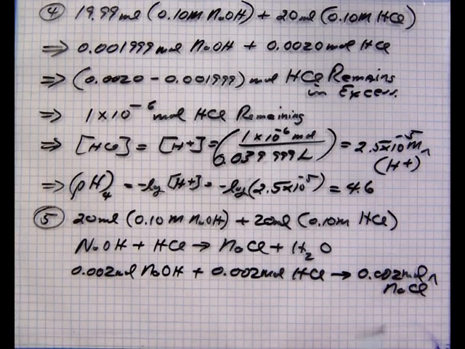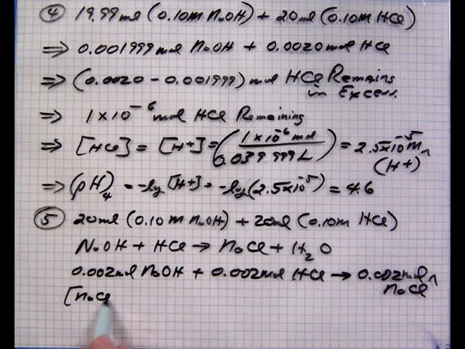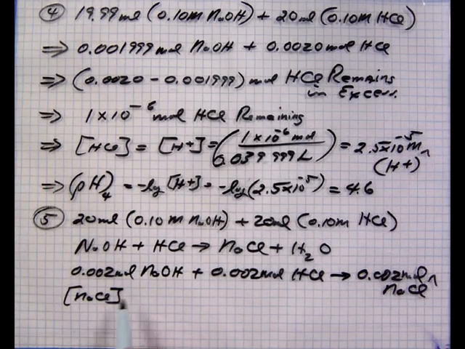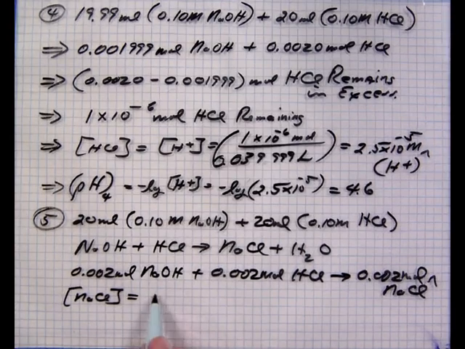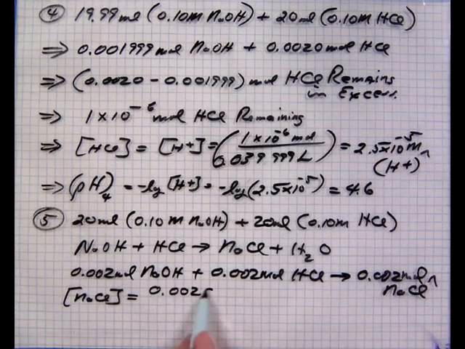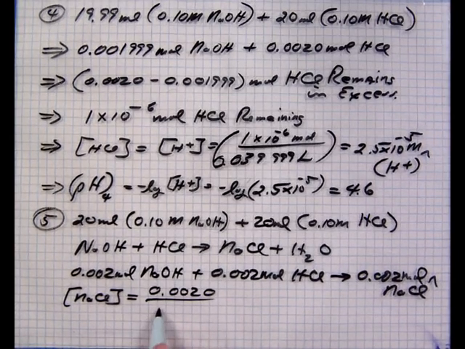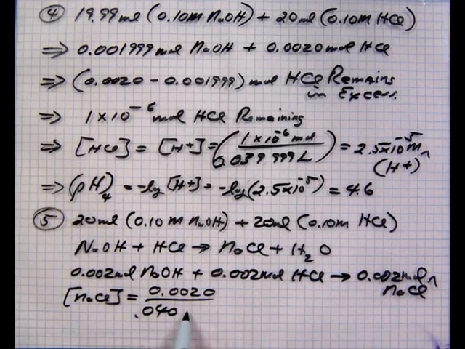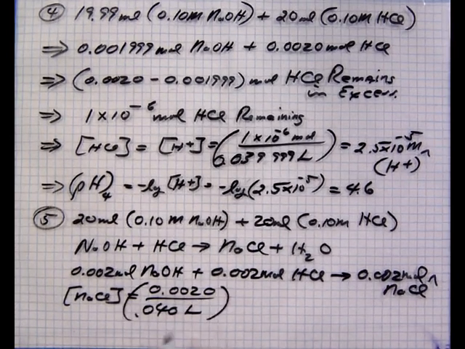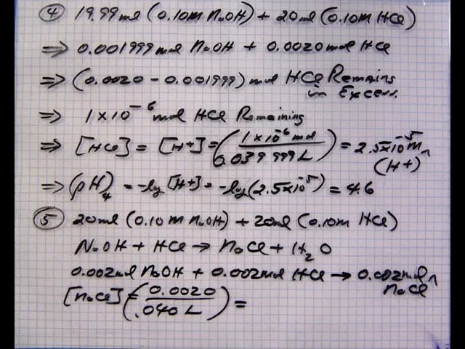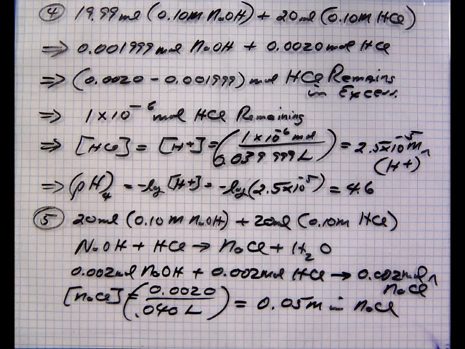Now, if you had to calculate the concentration in moles per liter terms, it'd be 0.0020 divided by 40 milliliters, or 0.040 liters, which leaves us with about 0.05 molar sodium chloride.